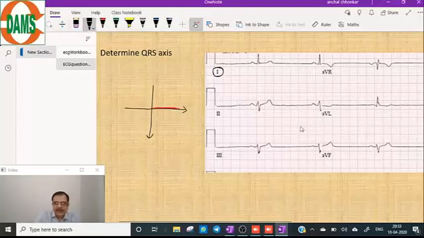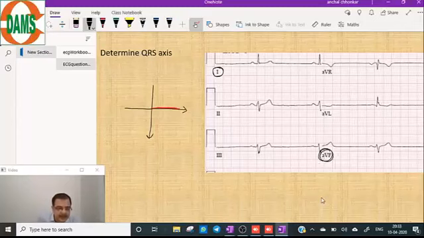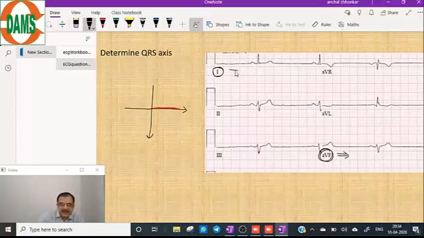And AVF, look at the AVF. This will be the typical ECG given to you, so sensitize yourself: where is lead one and where is AVF? This is the AVF and this is the lead one QRS complex.